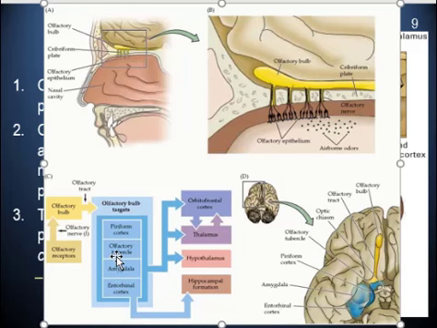All right, so it's sending the information about smell in several different pathways, which is, again, probably why smell used to be super important and probably could still be super important. We just don't pay as much attention to it as we do some of our other sensory systems.